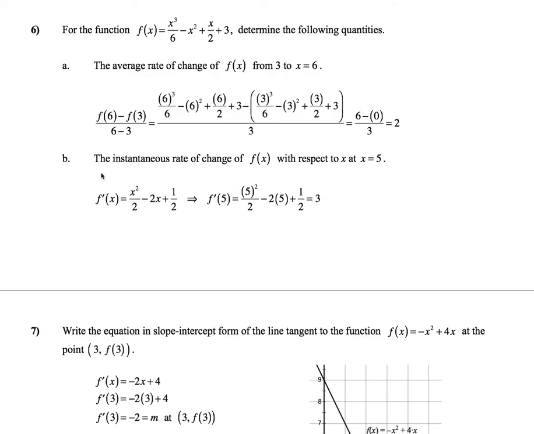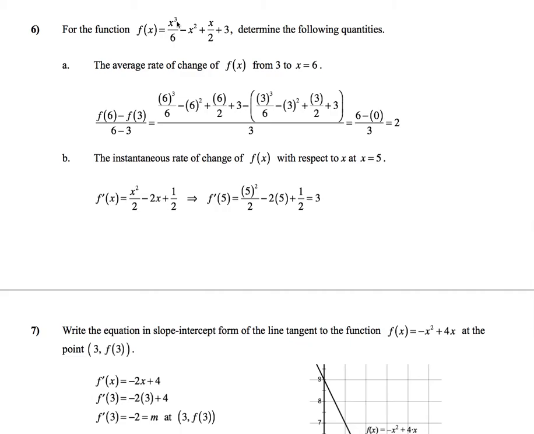Now in part B we are asked what the instantaneous rate of change is at x equals 5. Well, to determine the instantaneous rate of change, we take the derivative of this function. Once again, I chose this function because the power rule is pretty simple to apply for this one.